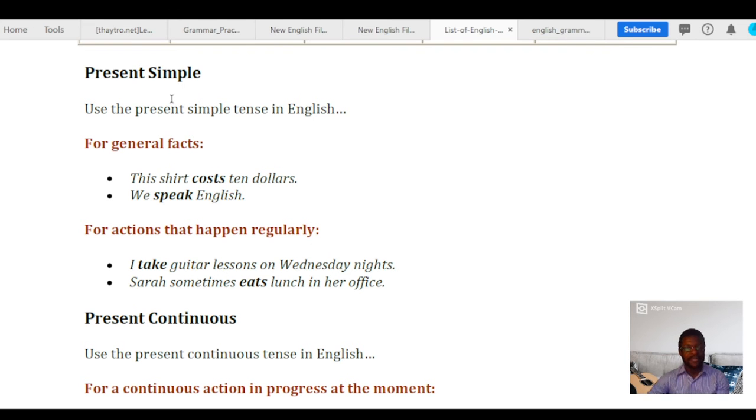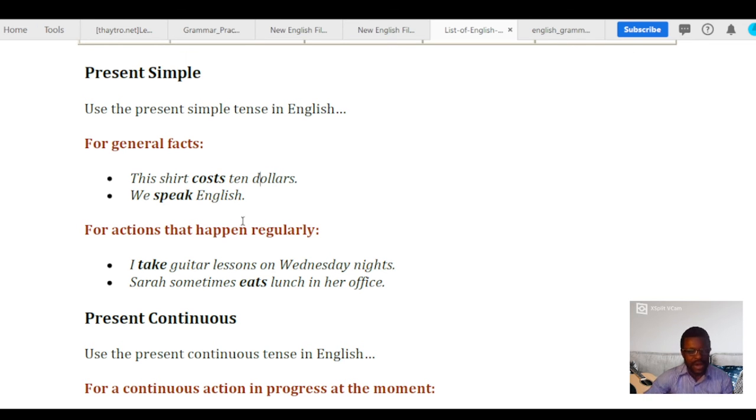So you see, we say the sun rises, because rise is the verb. And for the sun, if I'm not saying the sun, I'm going to use "it." It rises in the east. This is a general fact because it is true. Every morning you go out there, you see it. I am a teacher. That is simple present tense because it's true. I am a teacher. Okay?